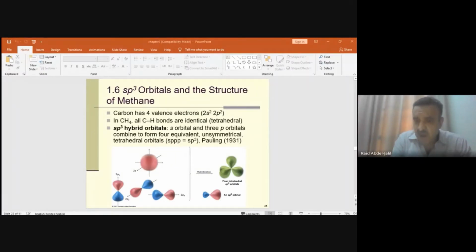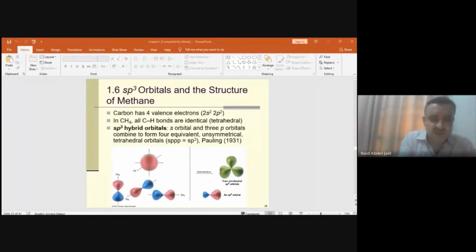All right. Now, after this transfer of 1 electron from the 2s to the 2p, what's going to happen is simply that these valence electrons, or these half-filled orbitals, will mix with each other, and they will form 4 new orbitals, which we call hybridized orbitals.